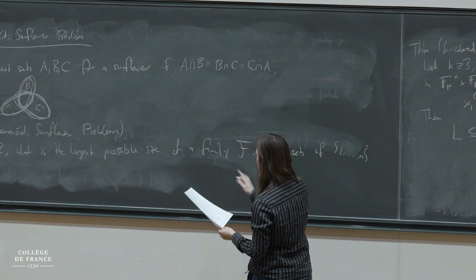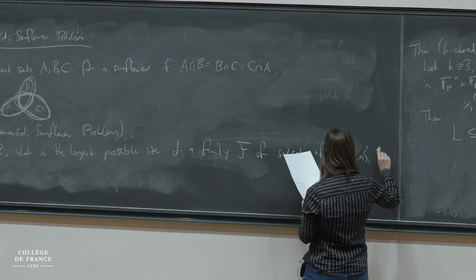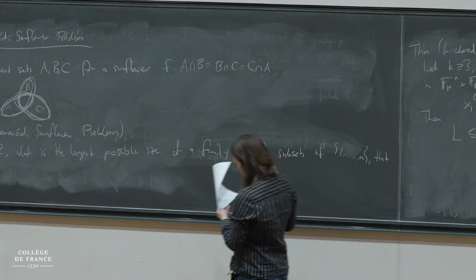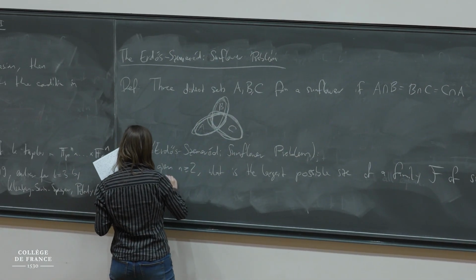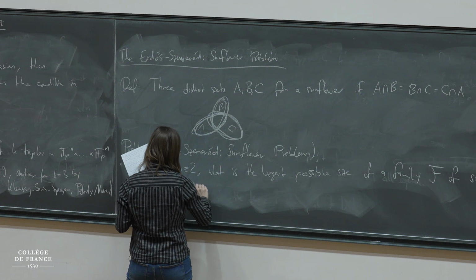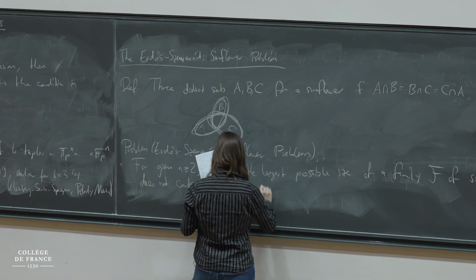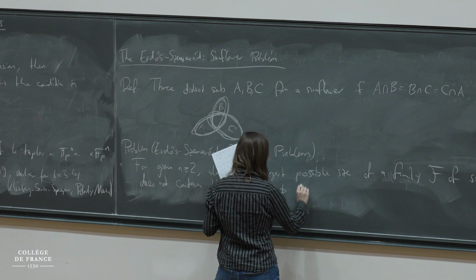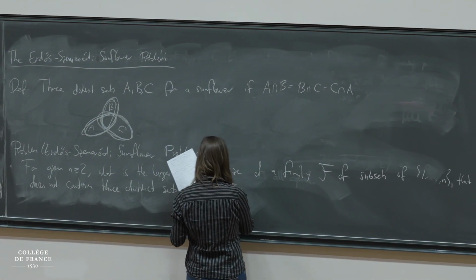And the question is, what's the largest possible size of a family of subsets of this ground set that does not contain three distinct sets A, B, C in the family forming a sunflower.